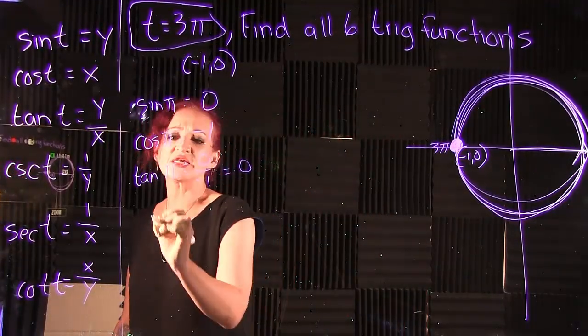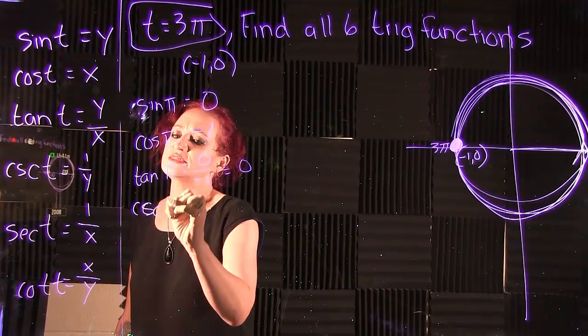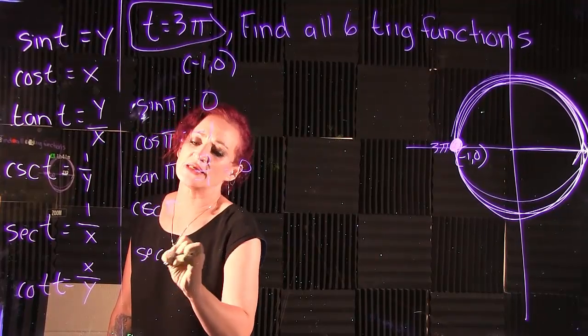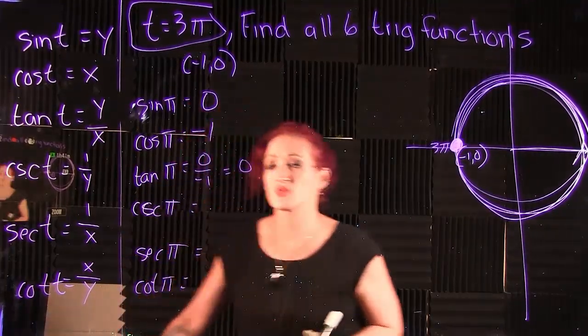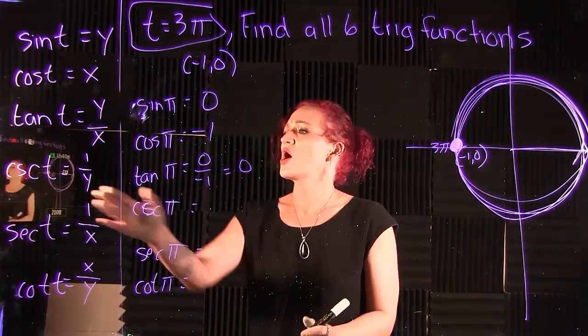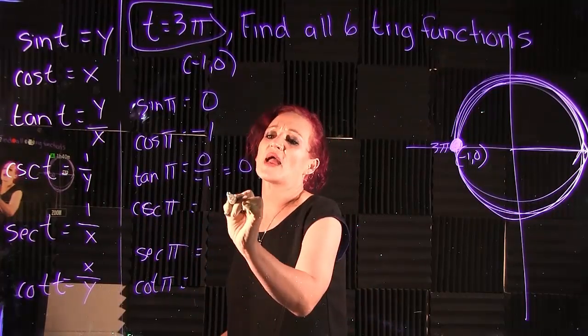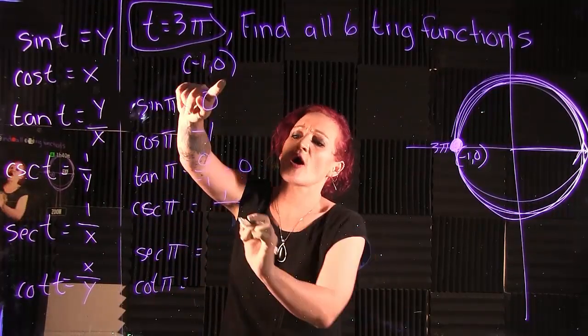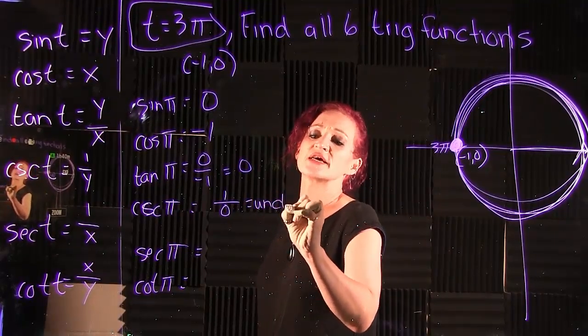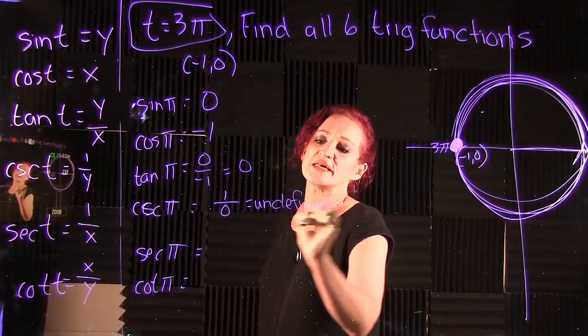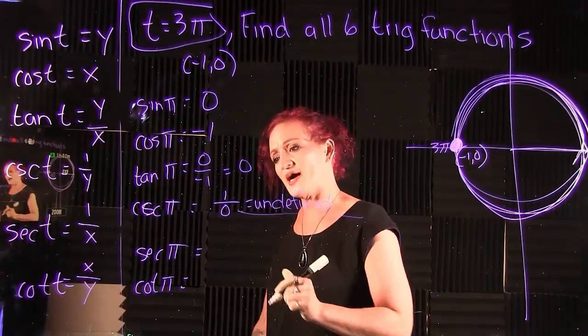Continuing, cosecant, secant, and cotangent are our last remaining ones. Cosecant is 1 over y, which is 1 over 0. Keep in mind, 0 in the denominator gives us undefined, so cosecant will be undefined.